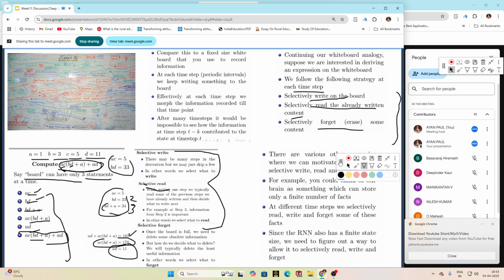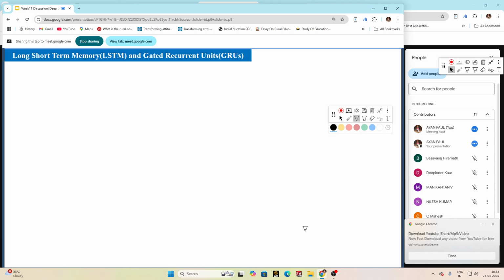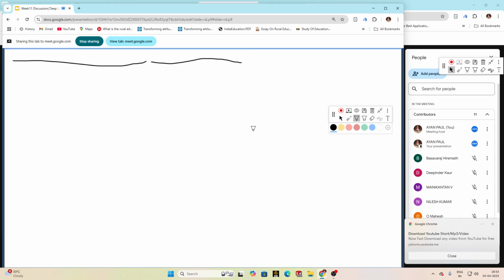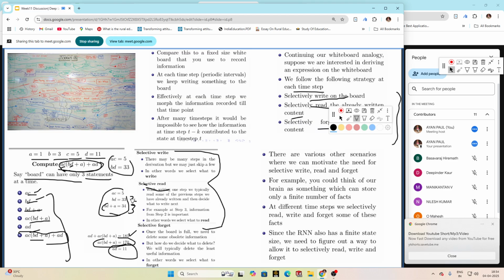There are other scenarios where we can motivate the need for selectively write, read, and forget. In an RNN also we can do this, which we will see in the next slide. We can use the same concept in two recurrent neural networks: one is the long short-term memory network, LSTM, and the second is the gated recurrent unit, or GRU. The intuition we have just understood, we will try to implement on a recurrent neural network.